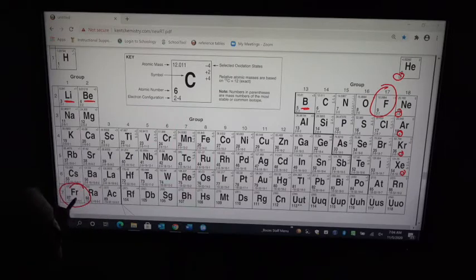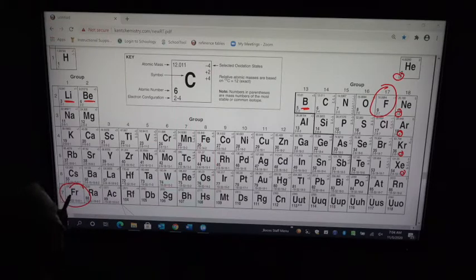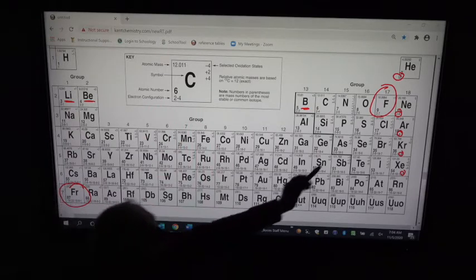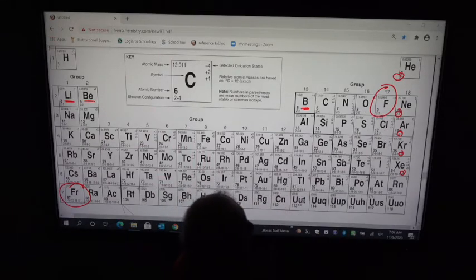Because it's so big. Lithium only has 2 shells. Sodium has 3. Francium has 7. So that valence electron is way out there, and this has a horrible electronegativity. I think it's around 0.7. That's the electronegativity of francium. Remember, fluorine has an electronegativity of 4. The noble gases don't have them.